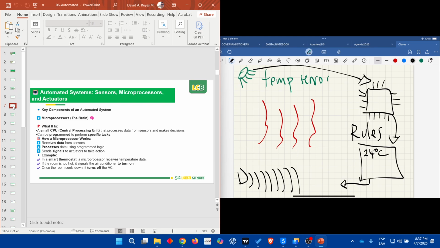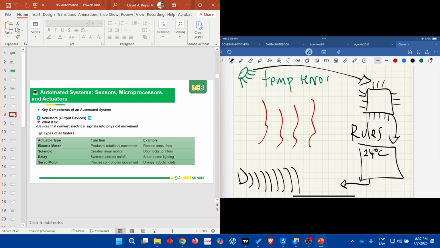Let's continue. So, the microprocessor is the brain. It's a small CPU, a central processing unit, that processes the information it receives from the sensor and makes decisions. I already explained how it works.